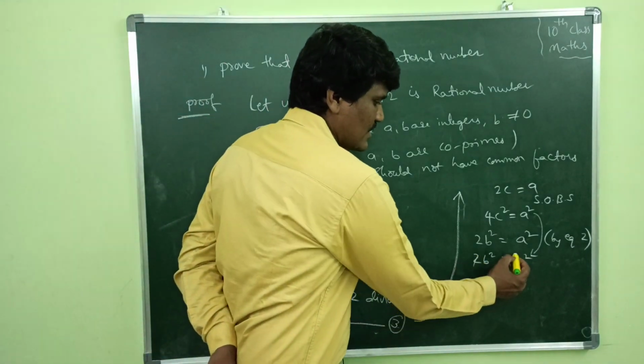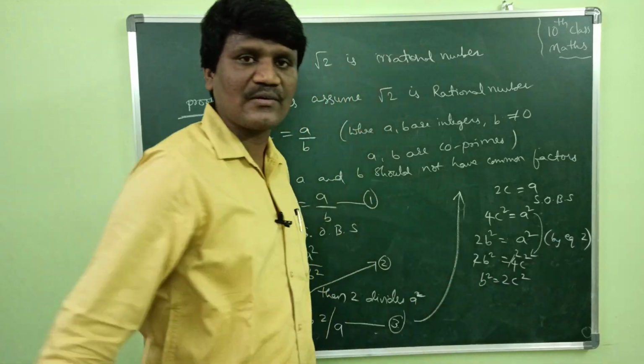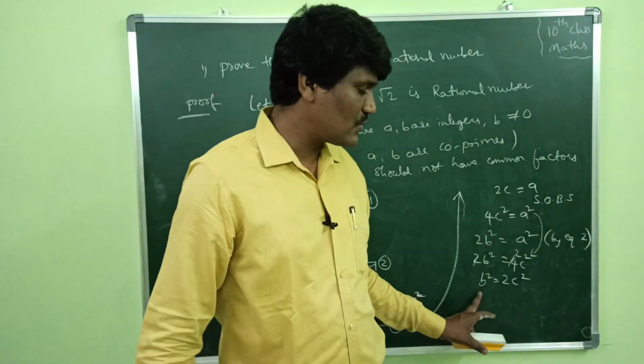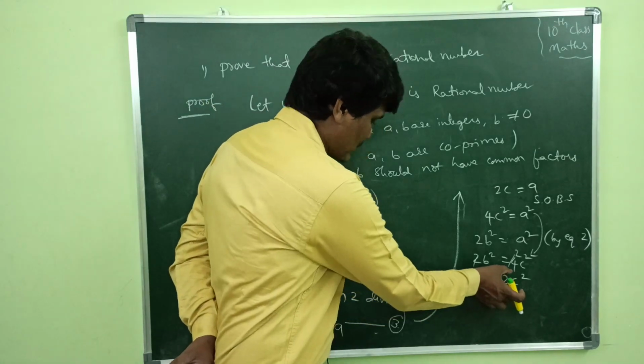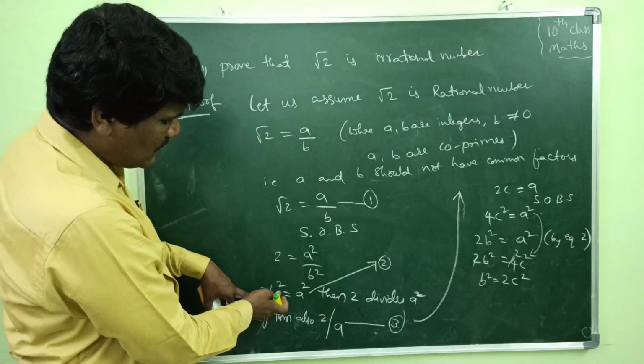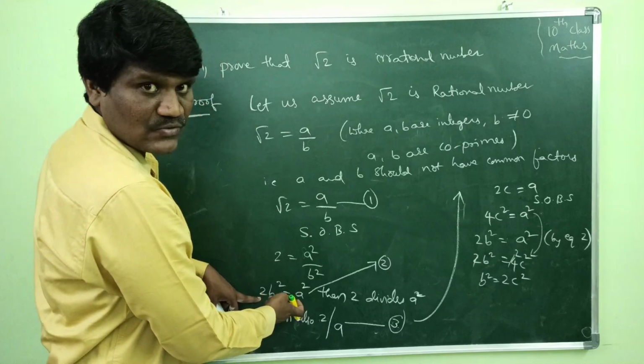So 2 cancels, and b square is equal to 2c square. Just observe, 2b square is equal to a square, then I wrote 2 divides a square.